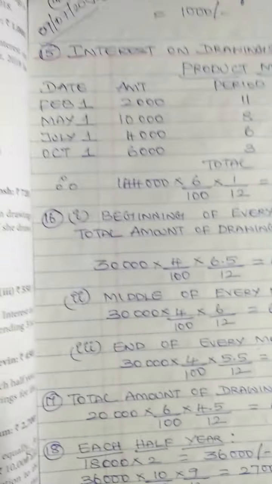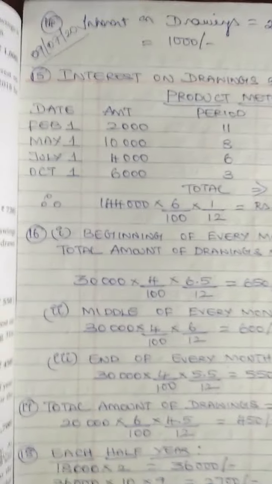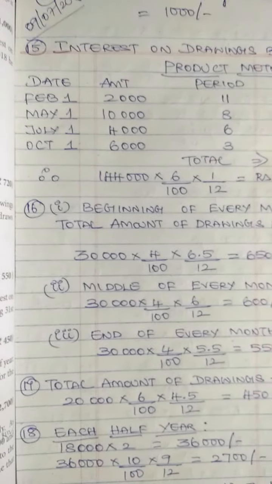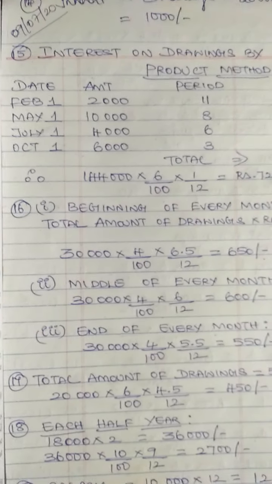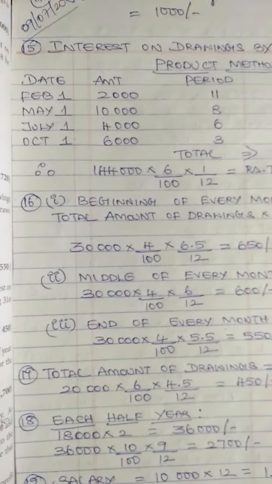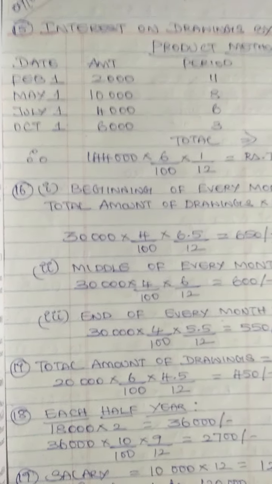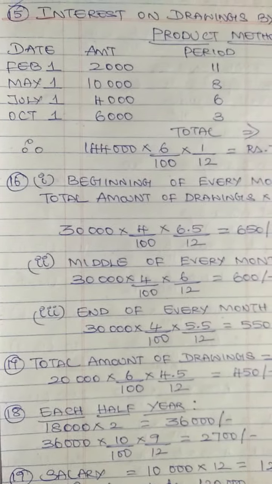Okay, students, one more time I am revising what we did in today's class. We started from sum number 15, interest on drawings by using the product method. Sum number 16 is the formula: beginning, middle, end. Sum number 17 is the quarter formula.